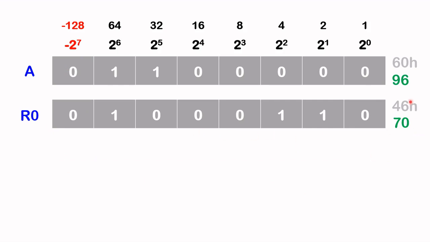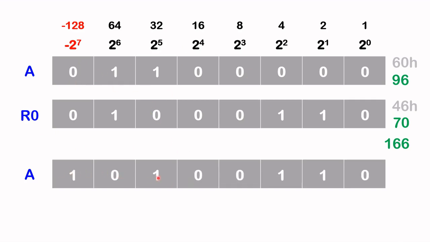Okay, before we go any further, let's add 96 to 70. That should give us 166. Bear that in mind. So in register A, like I said, the result of the addition will replace the original value. So that is actually this, but if we translate that in hexa, that would be A6 hexa, and we get a minus 90.